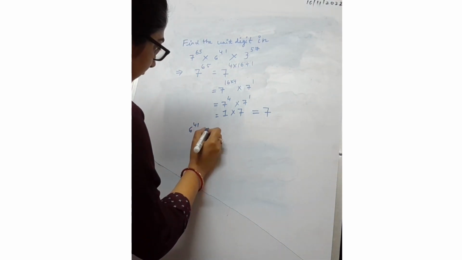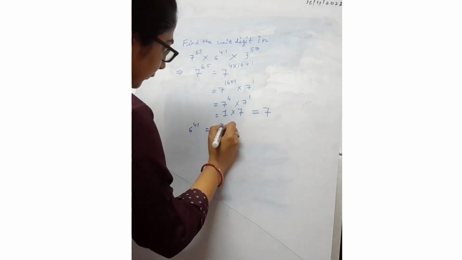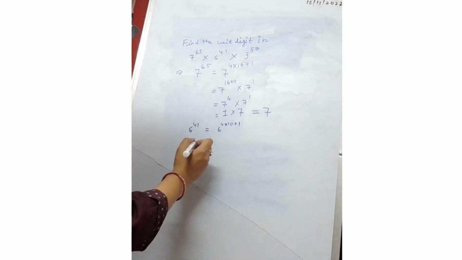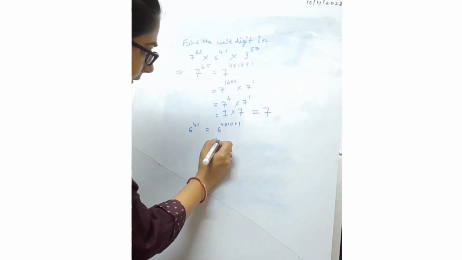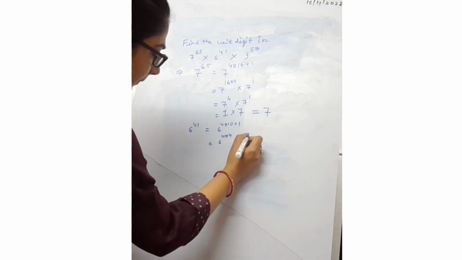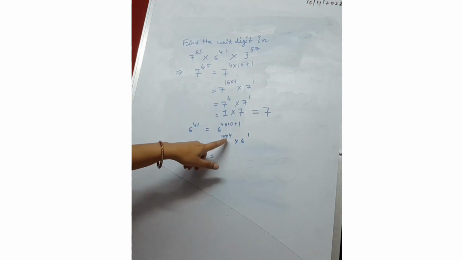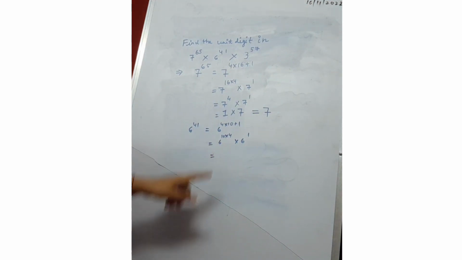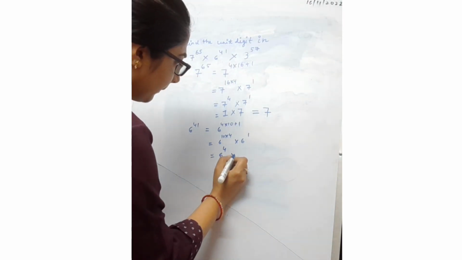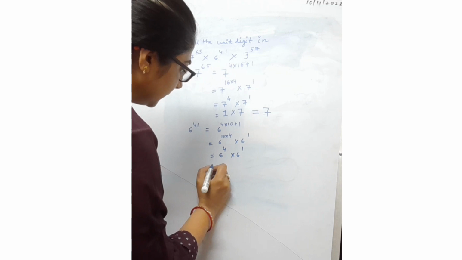Similarly, 6 to the power 41. Here 4 into 10 plus 1. So it will be 6 to the power 4 into 10, where the remainder is 0. So we write 6 to the power 4 times 6 to the power 1.